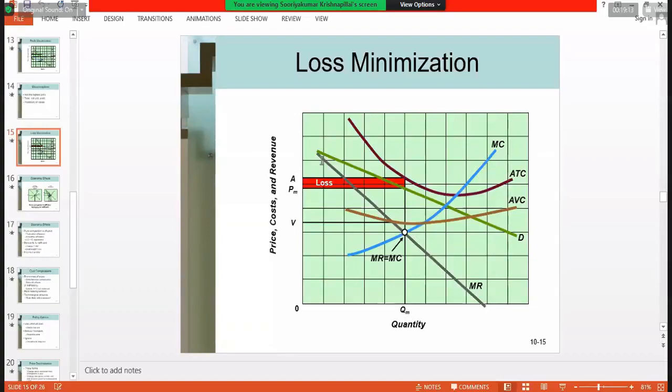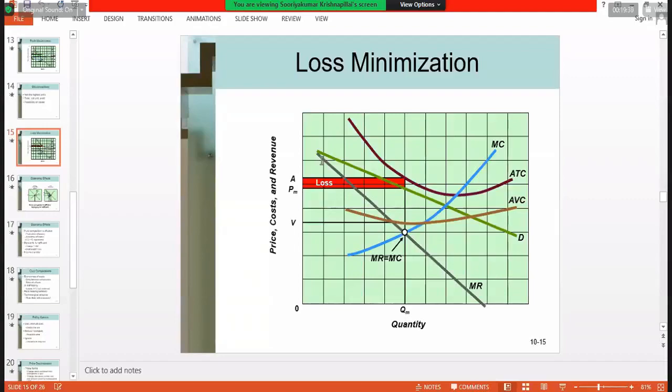But when this monopoly gets a loss, he could minimize the loss if he produces the level of QM output. He will produce because the price is above the minimum average variable cost.